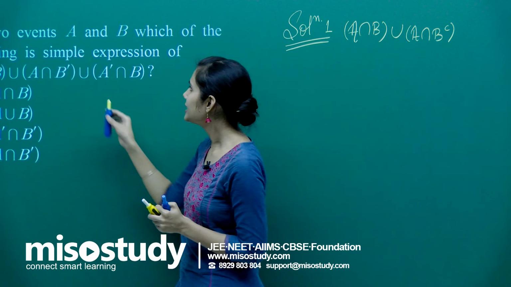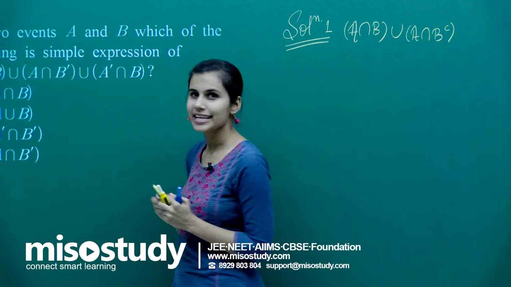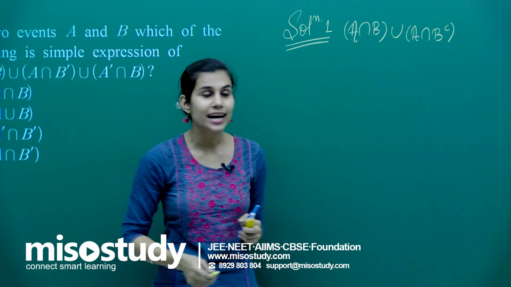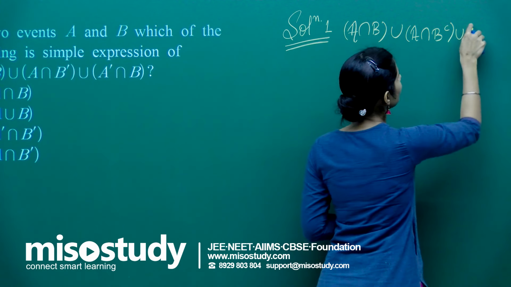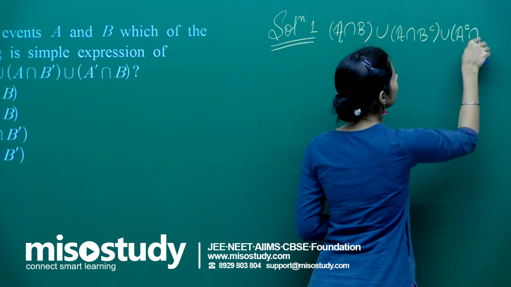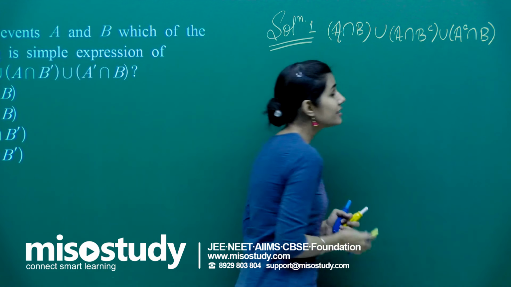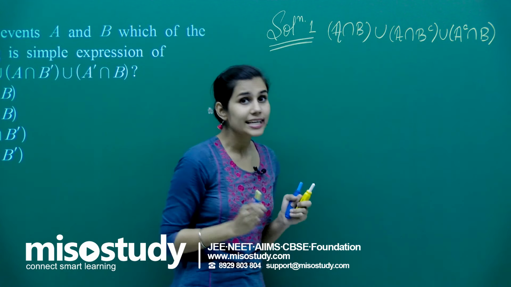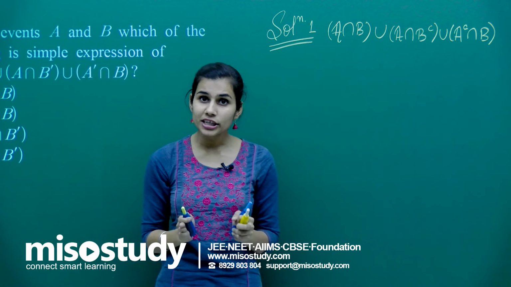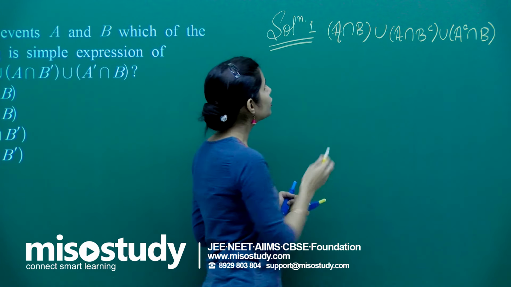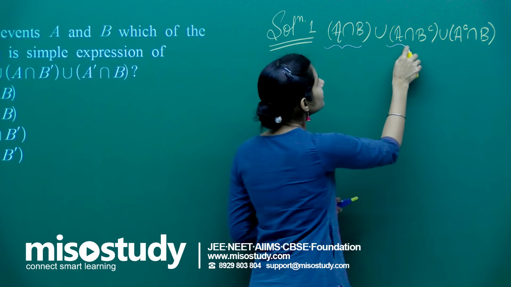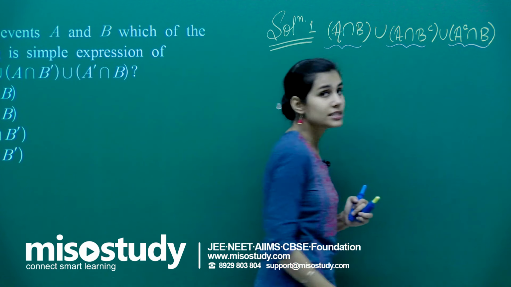And the third set is A complement intersection B, with the union sign. The question says, what is that set which you are going to obtain once you take the union of this set and this third set?